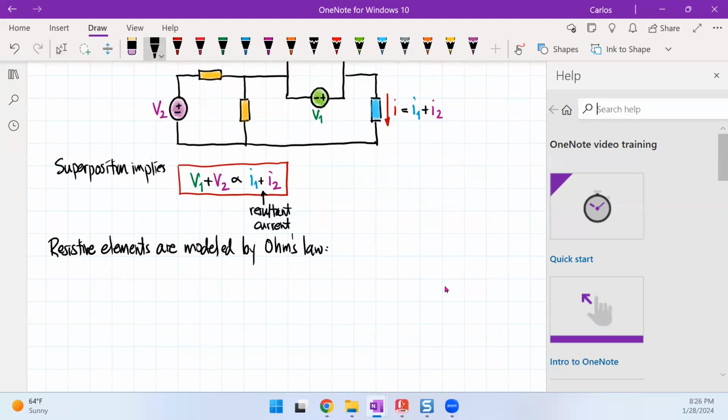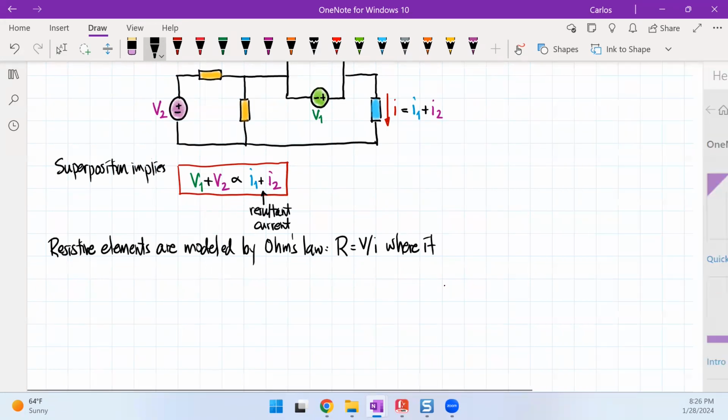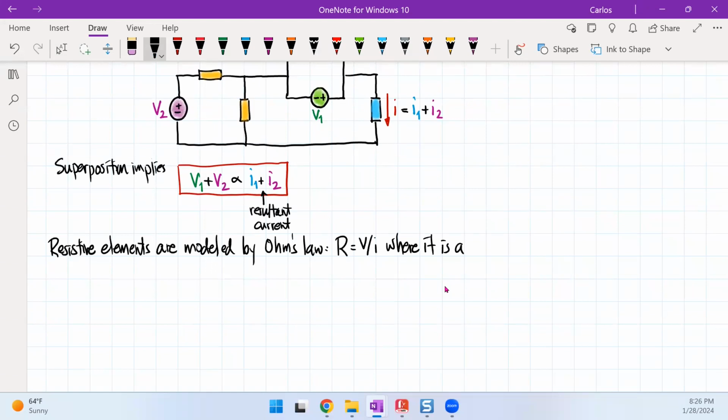And Ohm's law says that the resistance is equal to the voltage divided by the current, where it is assumed that R is equal to a constant. If it's not a constant, we can't apply Ohm's law.